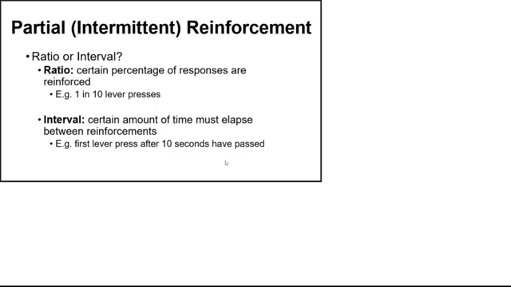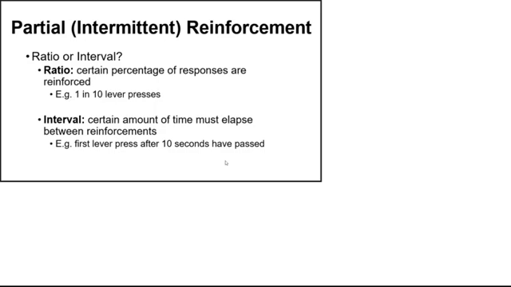But if we say every 10th lever press, they'll be reinforced, that is a ratio schedule of reinforcement. For interval, if we say that a certain amount of time has to elapse before they receive reinforcement, then that is interval. So the first time they press a lever after 10 seconds passes, that's an interval schedule of reinforcement.